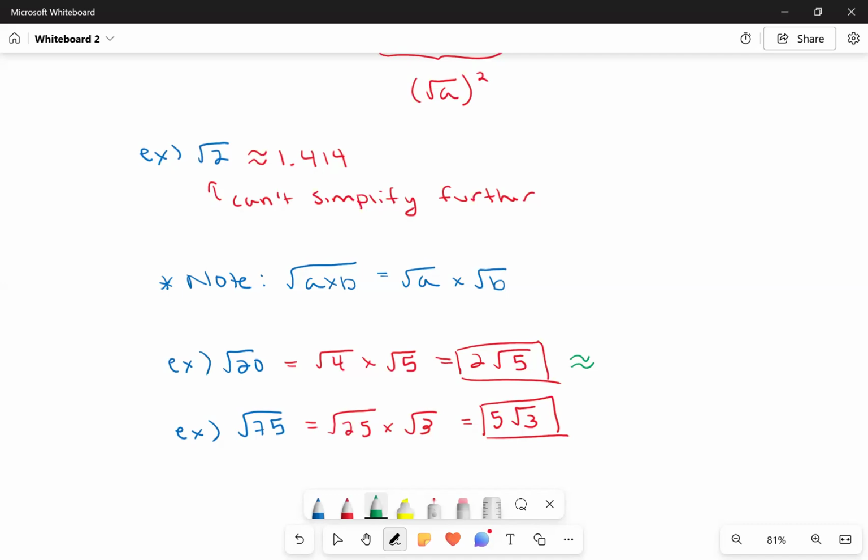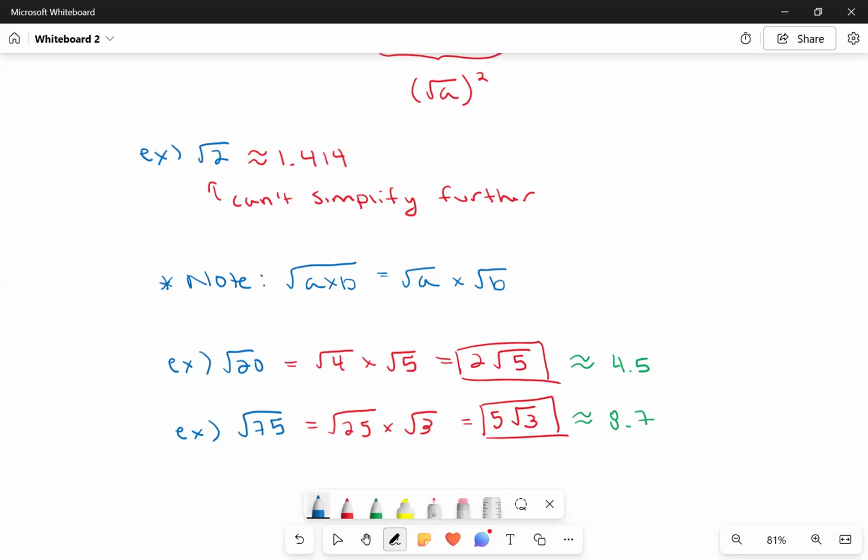But if you do it correctly, in here I'm going to round to the tenths place. This would be about 4.5. And then 5 times the square root of 3, that would be 8.7. So make sure you get those numbers from your calculator. And if you have any trouble, let me know. I'll be happy to help you.